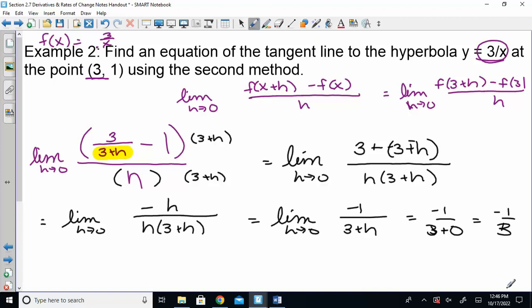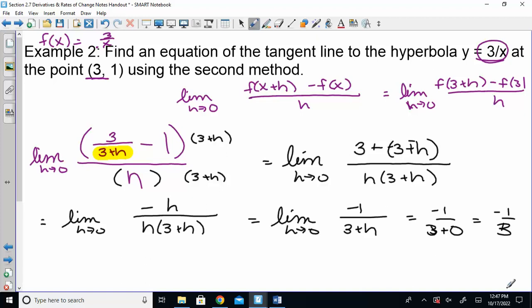What does that number represent? The derivative. I guess I haven't called it a derivative before, have I? Sorry, the limit as we approach a certain number, that is my slope of the tangent line.